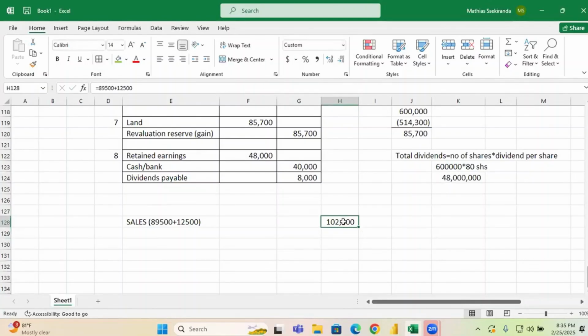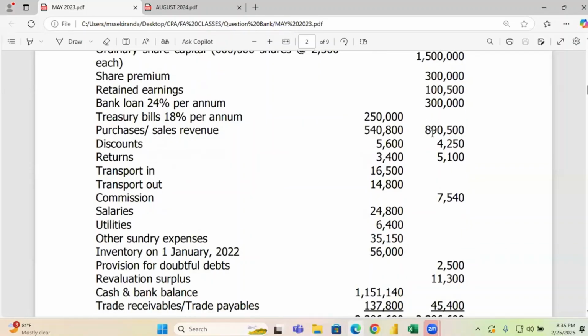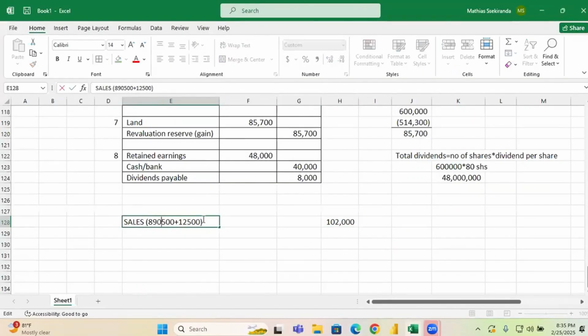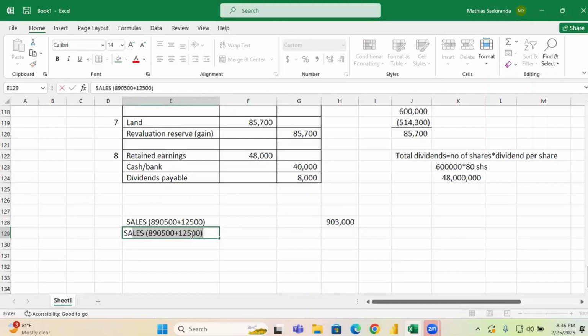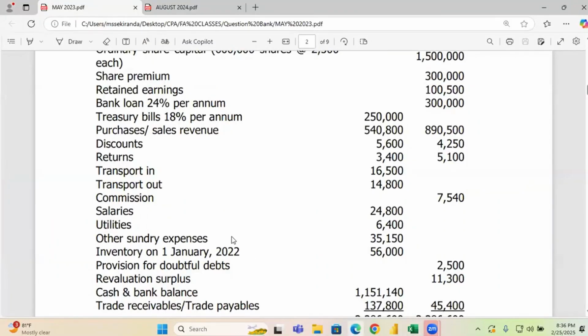Am I really getting the figures right? The one that was given is 890,500. Okay? So 890,500 plus 12,500. We have sales returns. Sales returns, we less them. Go to your trial balance and check.